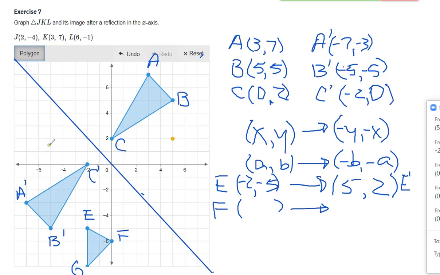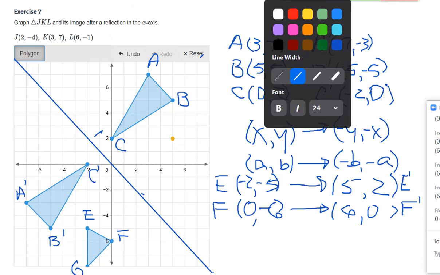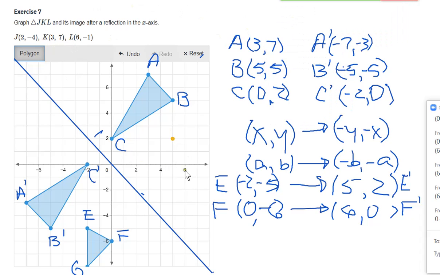You're right, Zuri. It is 0, -6. So what's F prime going to be? That's right, Noemi, that's right, Zuri. It's going to be 6, 0. 6, 0, boom. There we go.